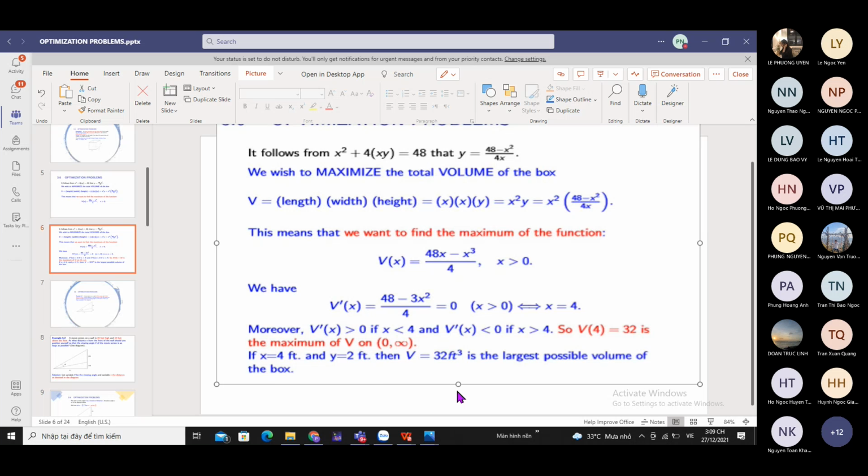So V of 4 gives you the maximum value of V. It means the function V attains a maximum value at number 4, and V of 4 equals 32. X equals 4, you have got y equals 2. And you get the dimension of the box with the largest volume.